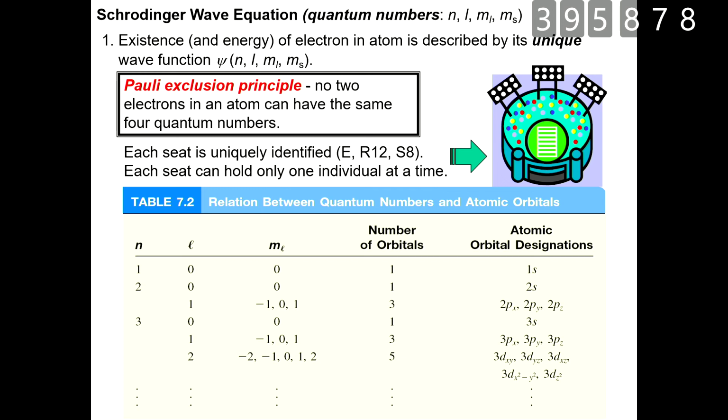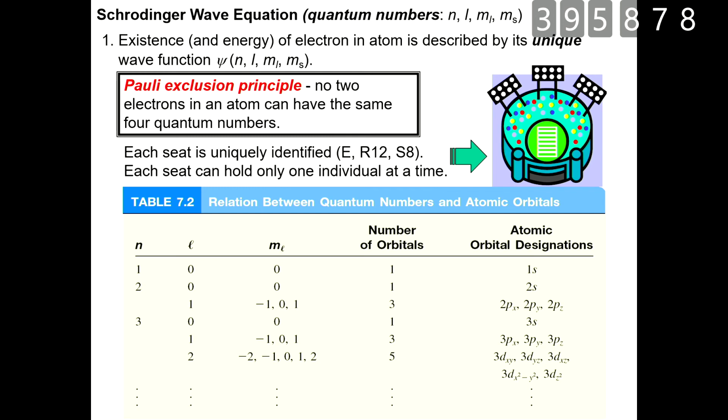Everyone's ticket is different. The electron is also like this. Each electron in one atom has different N, L, Ml, Ms numbers. Okay. So this is called the Pauli exclusion principle, pretty simple. No two electrons in an atom can have the same 4 quantum numbers. Okay?